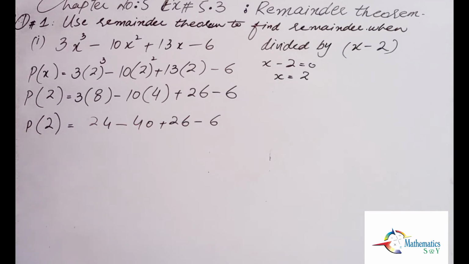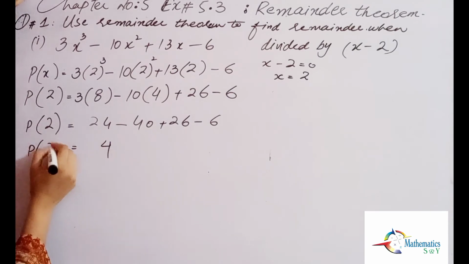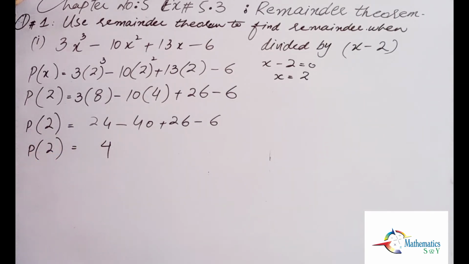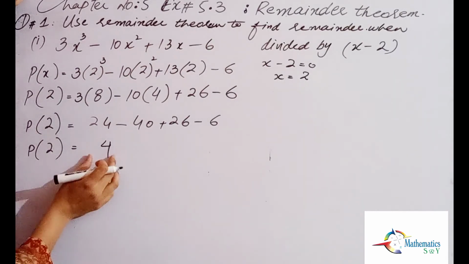Now we are going to solve this. We will simplify here 24 minus 40 plus 26 minus 6, that is equal to 4. So by dividing this polynomial by x minus 2, we got 4.